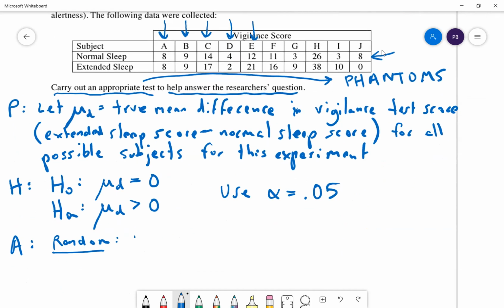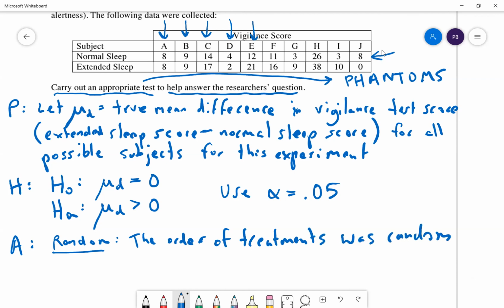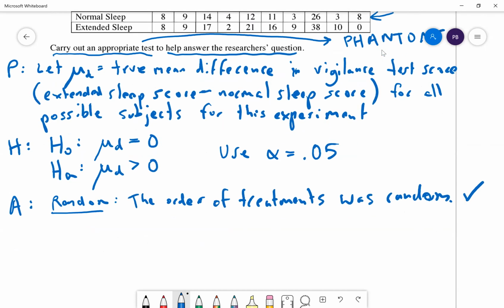So let's add that. The order of treatments was random. So that condition is satisfied. And then we can check the 10% condition.